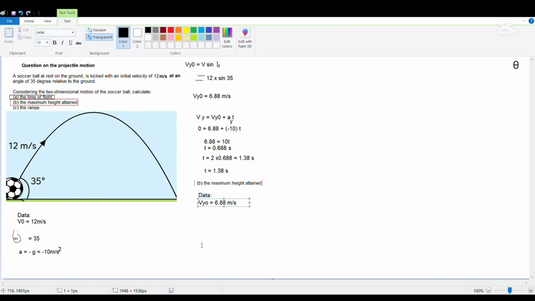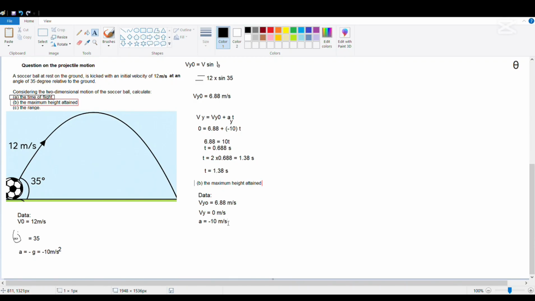Then we have vy equal to 0, which is the final vertical velocity at apex, equal to 0 meters per second. And acceleration again, the same thing: a is equal to minus g, a is equal to minus 10 meters per second squared.